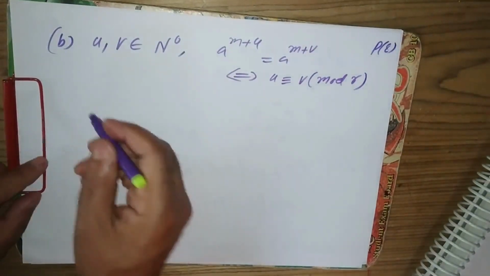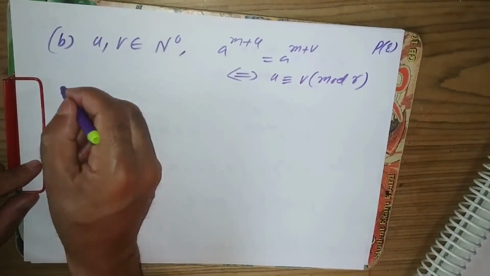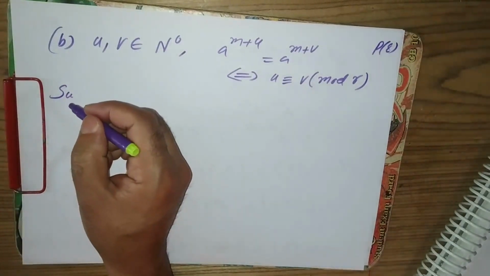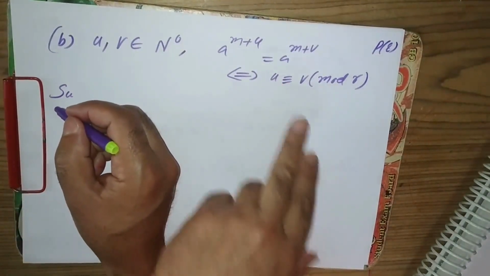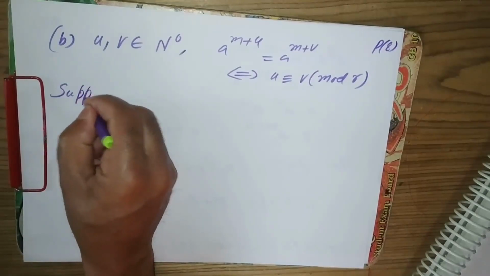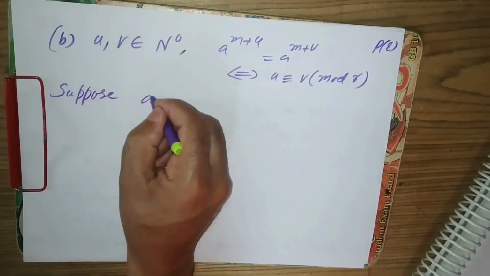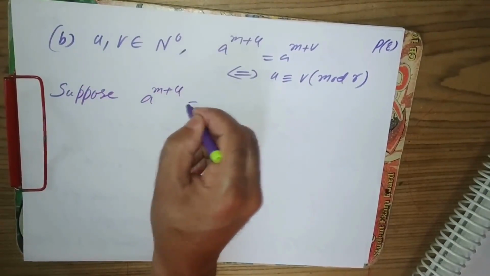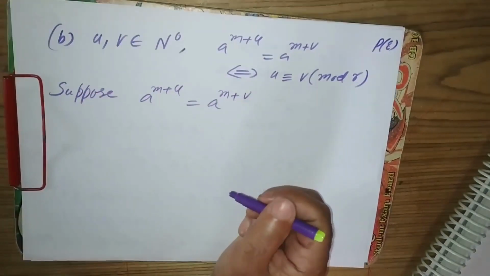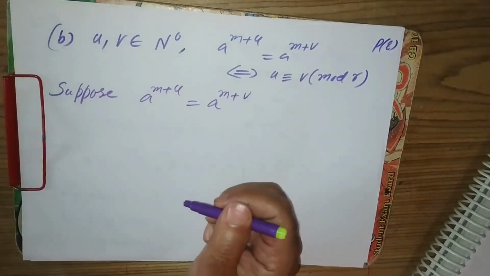Now suppose A^(m+u) is equal to A^(m+v), and suppose u is greater than v. Let's take this case.